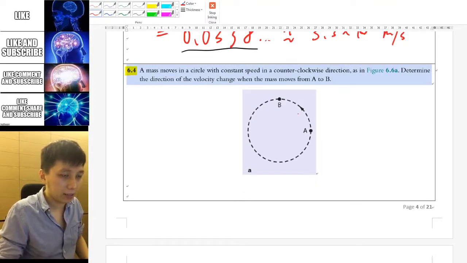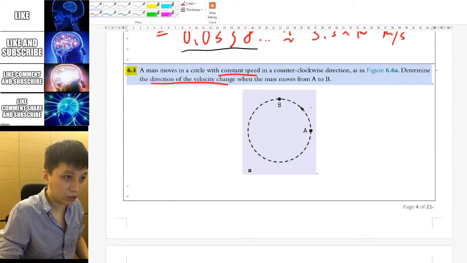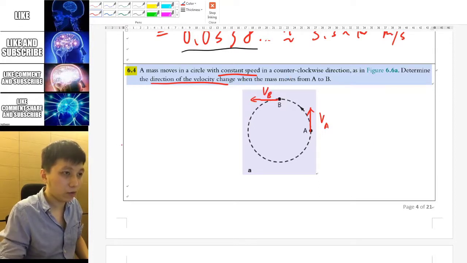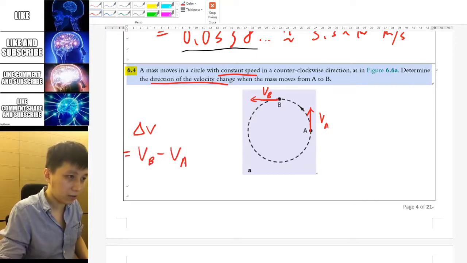So what it said is if you're moving from A to B in a circle with constant speed, it asks you to find the direction of velocity change. So obviously what you have to do simply is just to draw the vector. So this is VA, this is VB, and again if you want to find the change of velocity, then that will be the new minus the old.